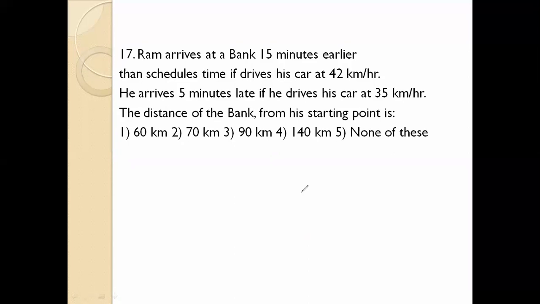Here, this is an early and late case. In this case, product of speeds, 42 into 35, divided by difference of speeds, 7, into the sum of times.